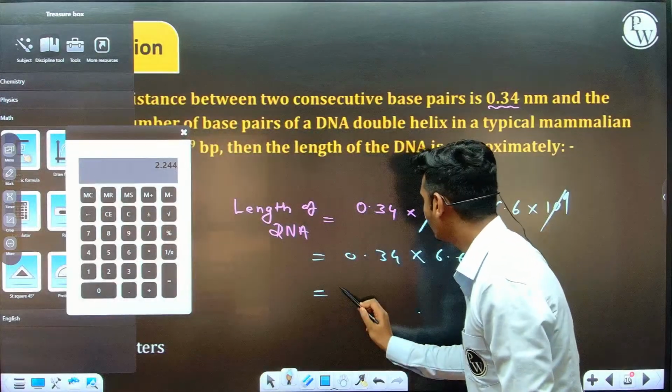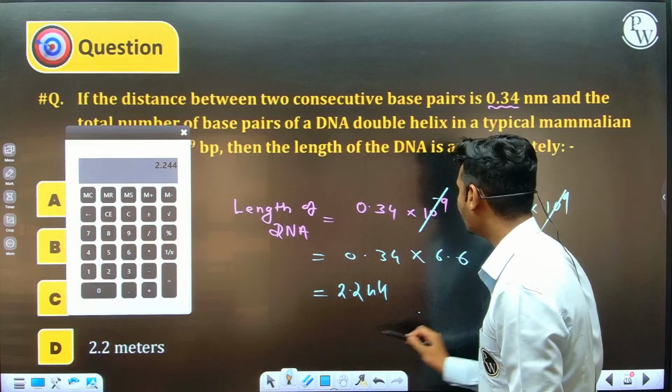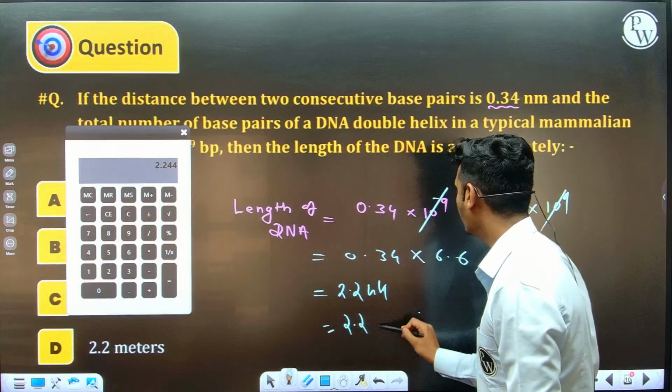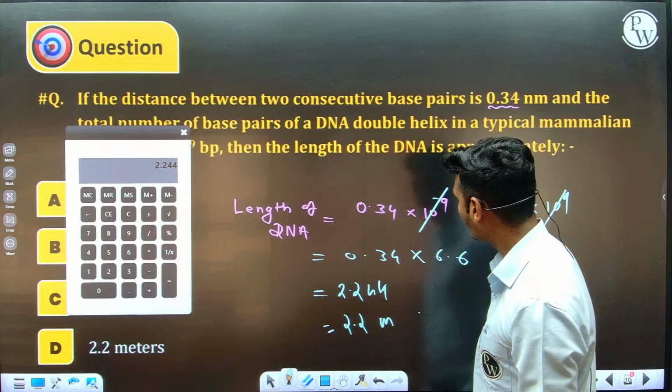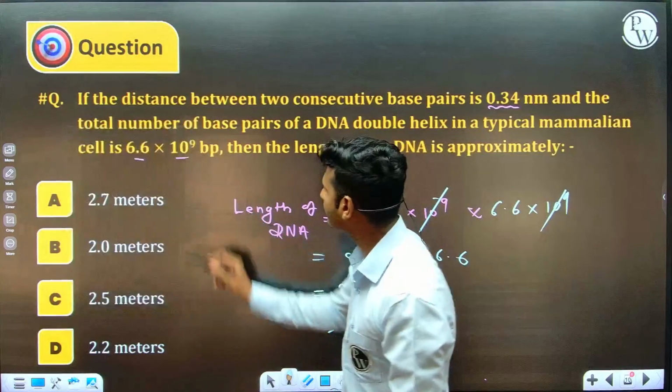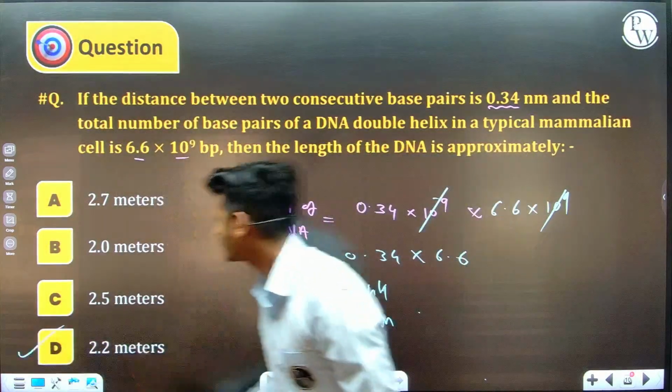It is nearly equal to 2.2, because we take the SI unit, meter, so 2.2 meter. Among the options 2.5, 2.0, 2.7, 2.2, D is the correct answer.